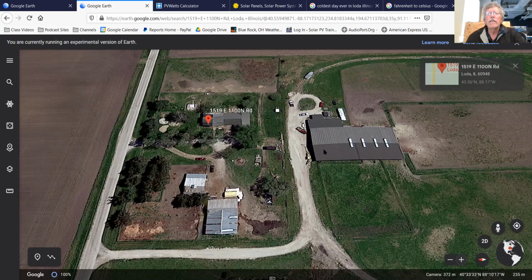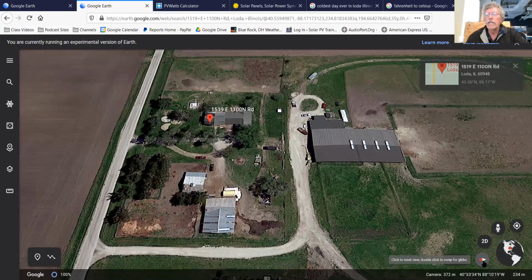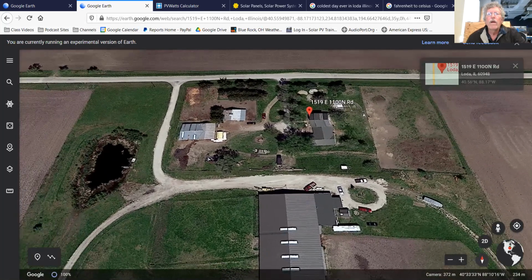Anyway, but it looks like there's a large barn here with good, if I orient this to the south, all right, this is the southern exposure. So we've got this oriented north-south. I'm assuming there's not going to be any zoning issues because it's out in the middle of nowhere.